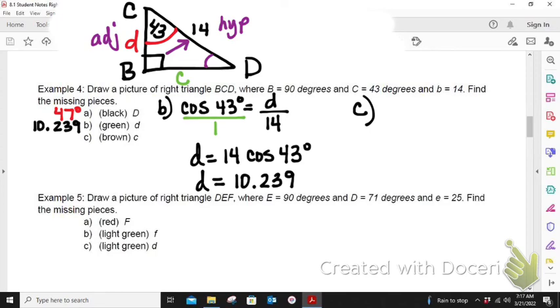What trig ratio are you going to use to find little c? Let me take off the adjacent because we're not using that anymore. We're done with that part.